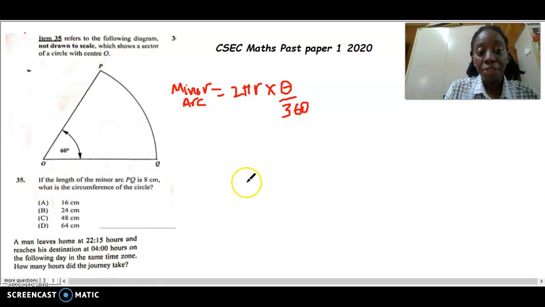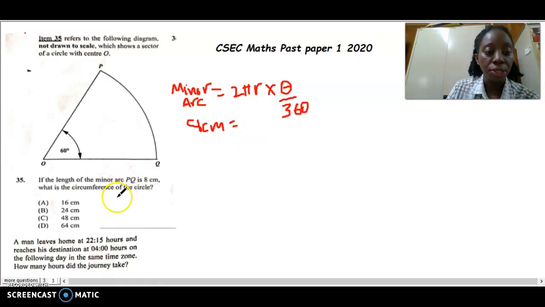All right, so let's go. So the length of the minor arc is given to be 8 centimeters. So we have that information. We know that 2 pi r, sorry, is the circumference, and that is what is being asked for. All right, so I'm just going to substitute 2 pi r for c times theta, which would be the angle, which is 60 degrees, out of a revolution of 360.